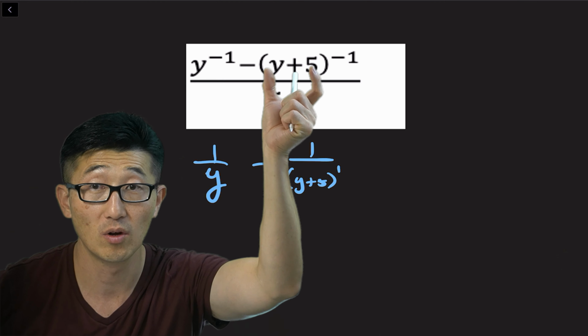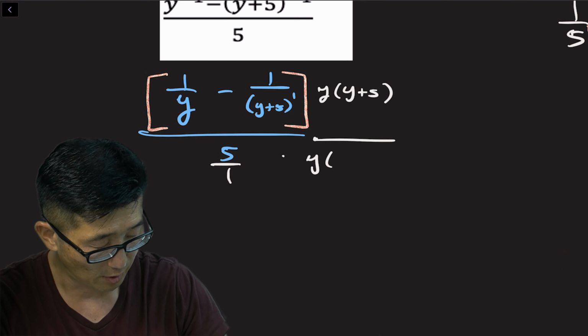So what's your common denominator? Well, the denominator for the bottom is 1, so you don't have to worry about that. The denominator for these two, the common denominator is y times y plus 5. So we're going to take the whole expression on the top, multiply that by the common denominator, which is y parenthesis y plus 5 on the top and the bottom.